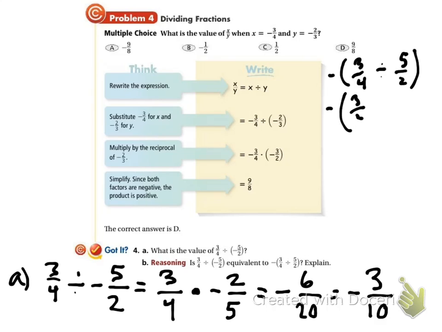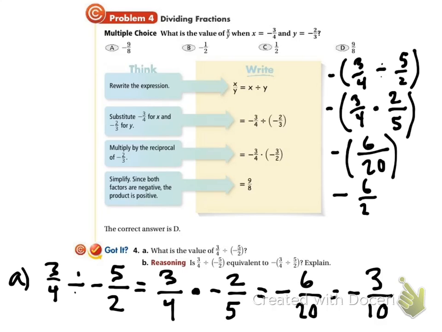So 3/4, and then I change it to multiplication and flip over this fraction. Still negative. I'm going to multiply across the top. 3 times 2 is 6. 4 times 5 is 20. This is negative 6 over 20. And then again, I can simplify it to be negative 3/10, and I get the same answer. So yes, it is.